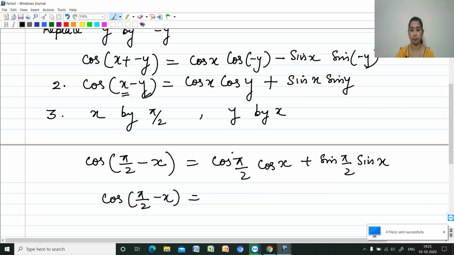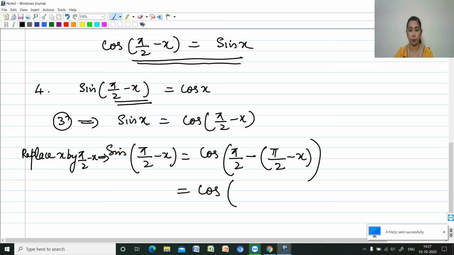So we are getting sin of pi by 2 minus x equal to cos of pi by 2 minus, instead of x what we have to put, pi by 2 minus x, and that is equal to cos, opening the bracket, pi by 2 minus pi by 2 plus x, and pi by 2 and minus pi by 2 get cancelled. We are getting the answer cos x. So what is the identity? Sine of pi by 2 minus x is equal to cos x is the next identity which you have to learn.